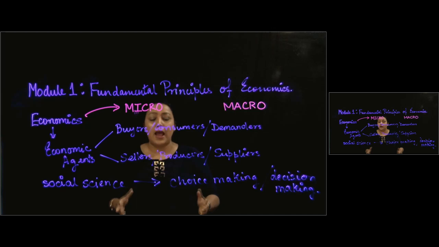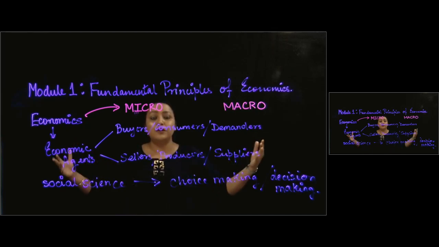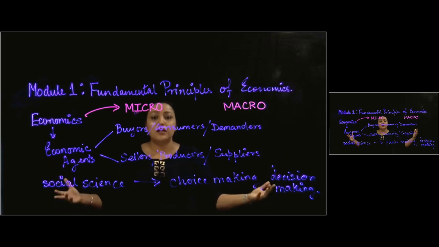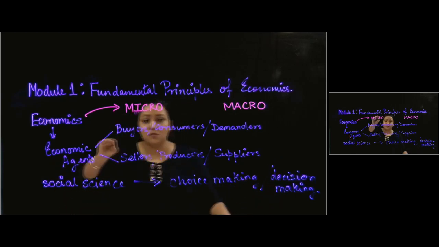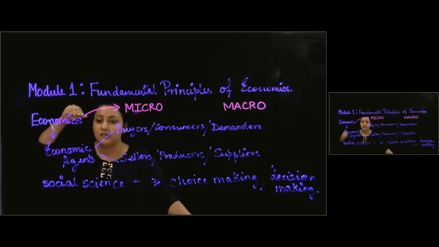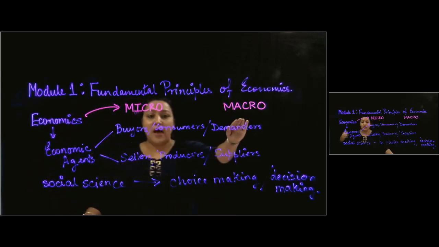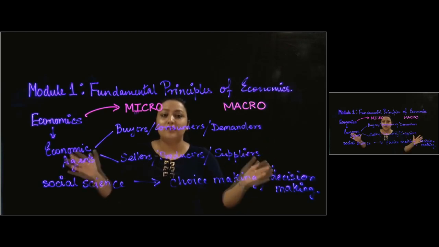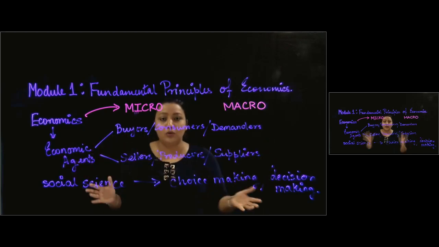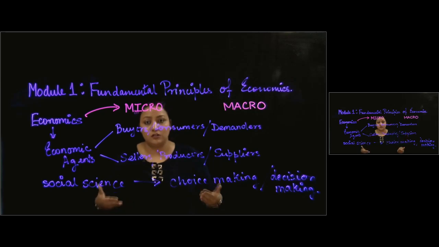We are not looking at one commodity, but we are looking at all different goods and services that are produced in a country. So basically, micro is a small, minuscule picture. It's a bird's eye view, whereas macro is basically the big picture of something. Nevertheless, they are both talking about the decision-making process, just the level and the scale are different.